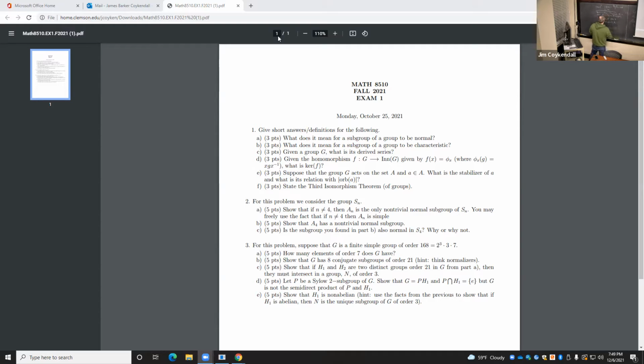And notice that H1, H2 as a set, this is going to be 21 times 21 over 3.